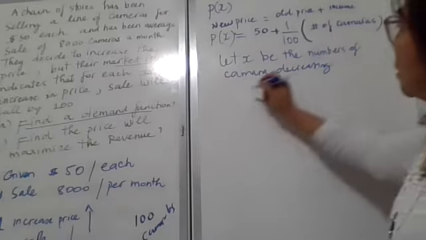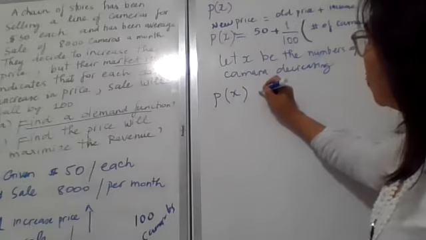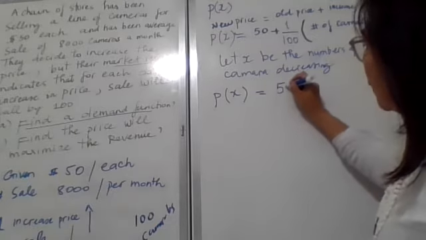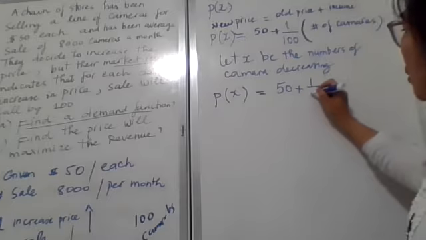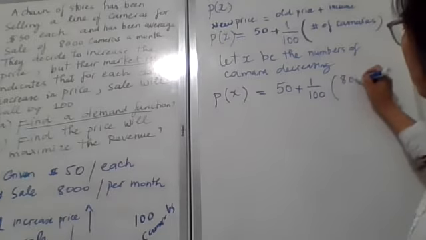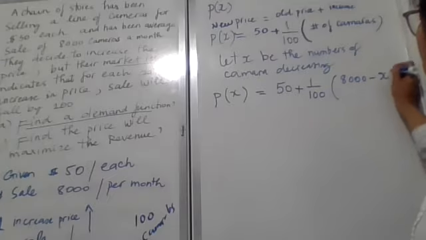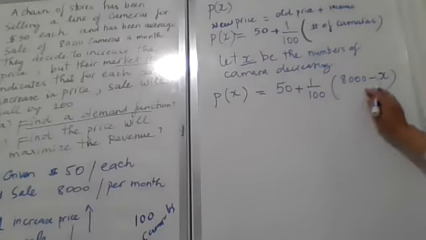Then the new number of cameras, our price, will be equal to $50 added with the rate of increase for each camera times 8,000 minus X, because we name X the number of cameras decreasing.